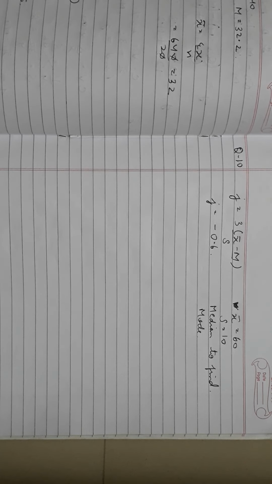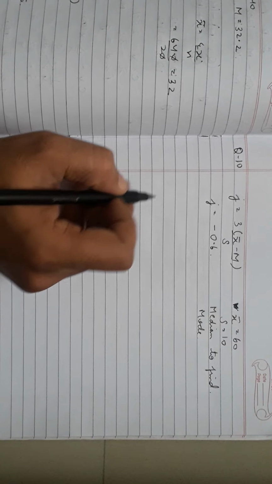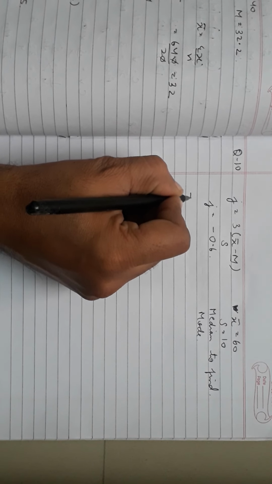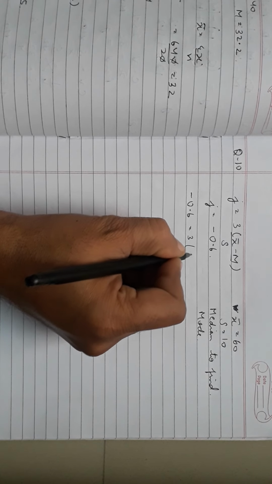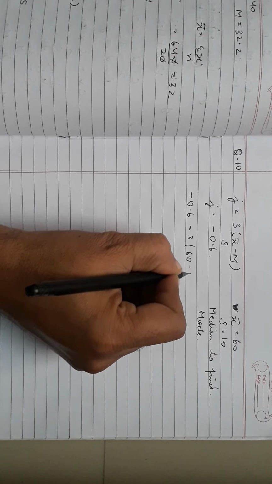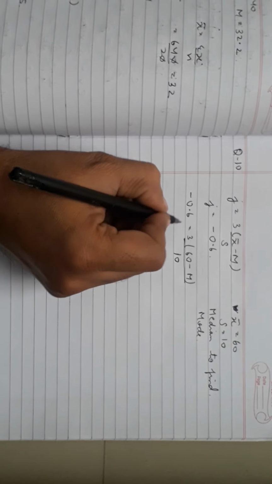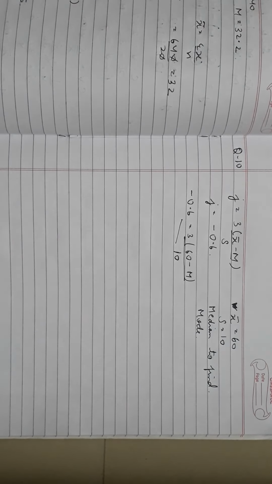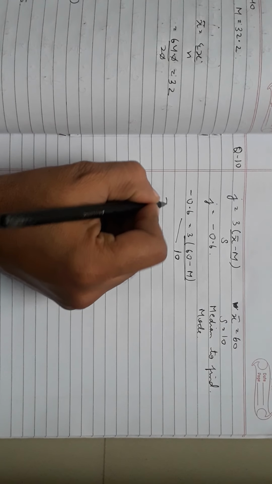Now we will apply the formula. J is equal to 3 into x bar minus M upon S. J is given as minus 0.6, x bar is given as 60, median we have to find out, S is given as 10. Cross multiplying, that is minus 6.